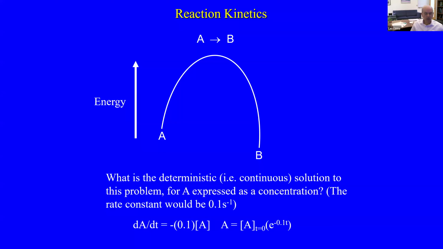You can turn it into a differential equation. The change in the concentration of A with respect to time would be minus 0.1 per second times the concentration of A. If you solve that little differential equation, the solution is A is equal to the initial concentration of A times an exponential decay with a decay constant of 0.1 per second.